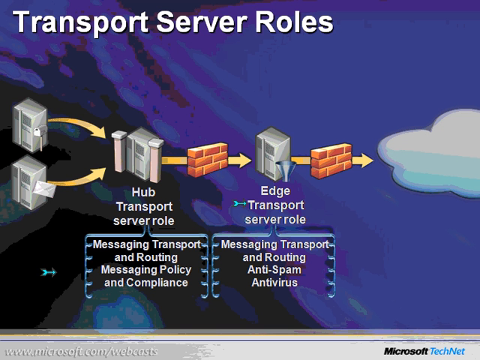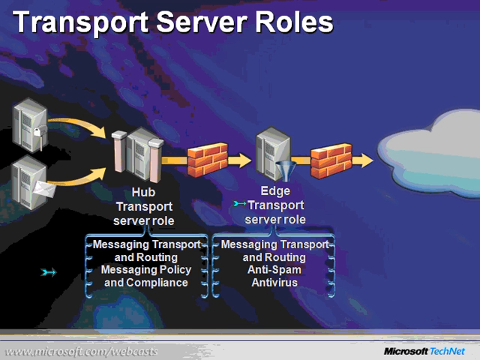The other one is the edge transport server role, and that's going to sit in the DMZ. You don't install that on the internal network. Well, I guess you could, but then you'd still have to allow messages to flow into it in order for it to deliver to your hub transport server role. But the edge transport server role is going to do the message transport and routing as well, right?